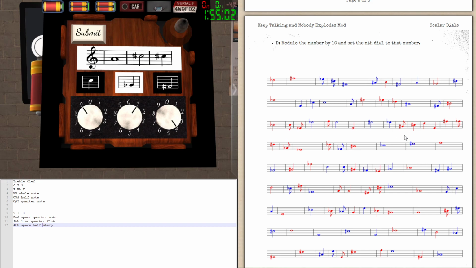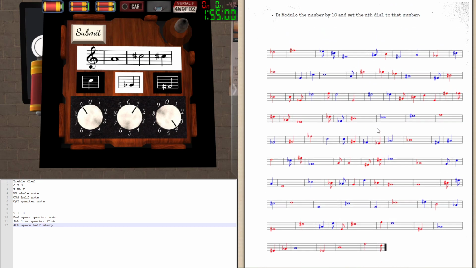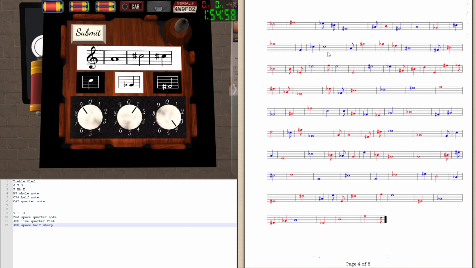Half sharp. So now I gotta find all these things, and this is usually the more tedious one. I gotta find the one, which is this one over there. Then I gotta find the second space, wherever it could be. Trying to look for a filled one. Nope.